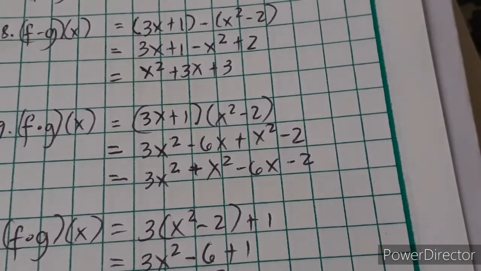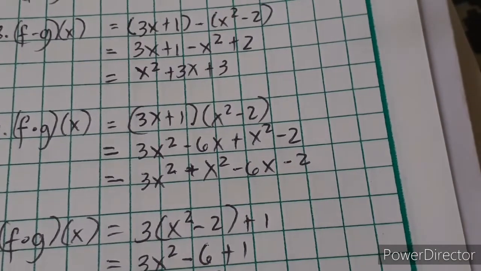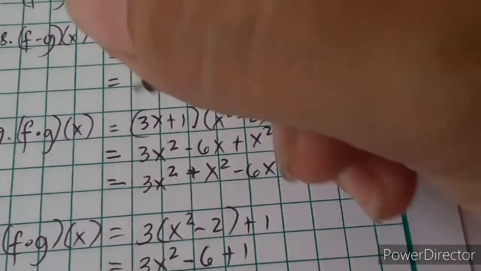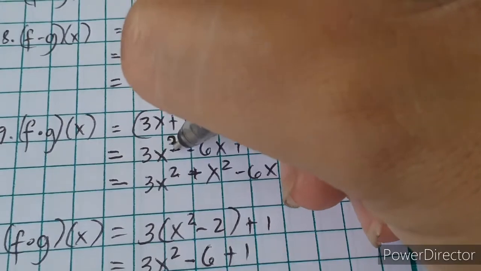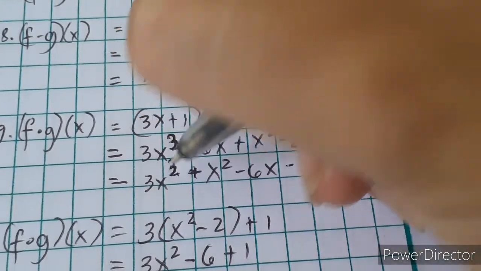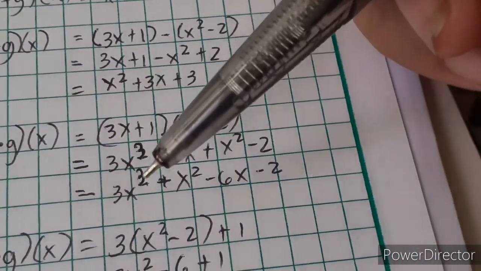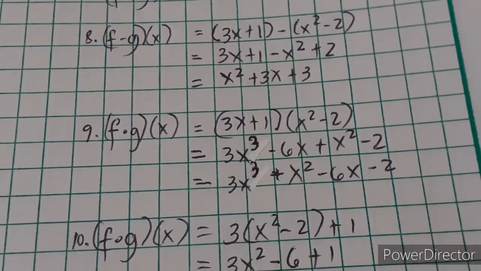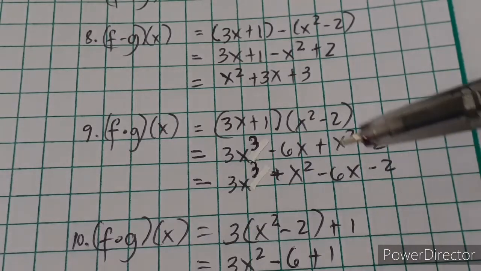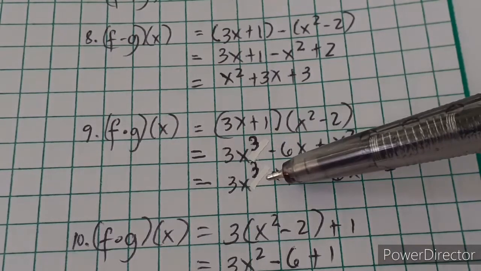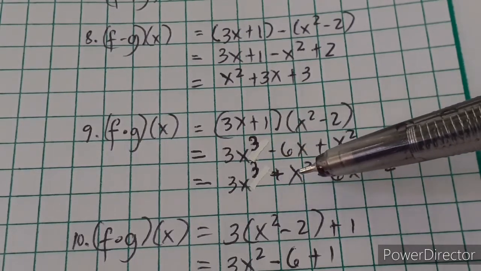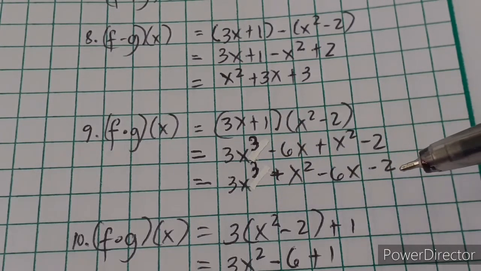So rearrange that one: 3x cubed plus x squared minus 6x minus 2.